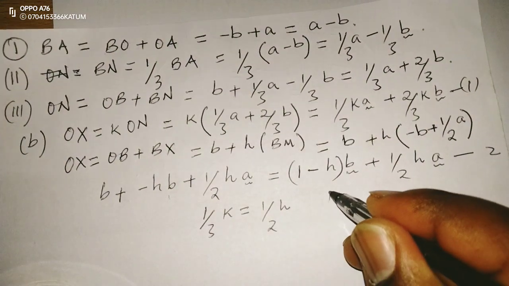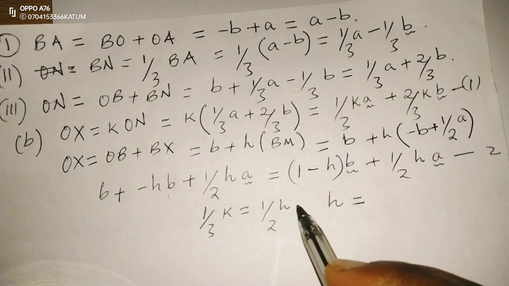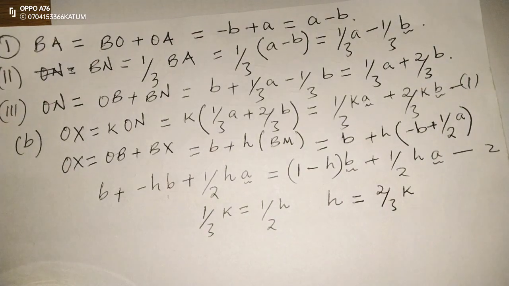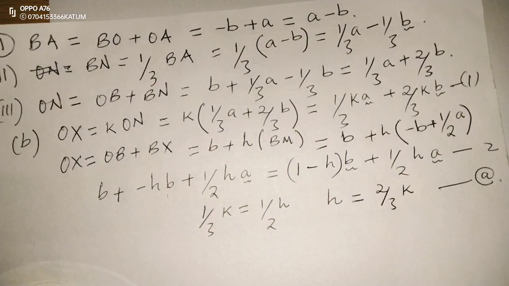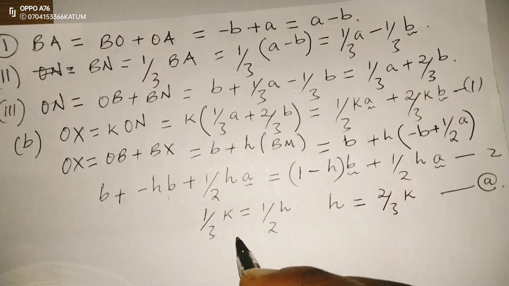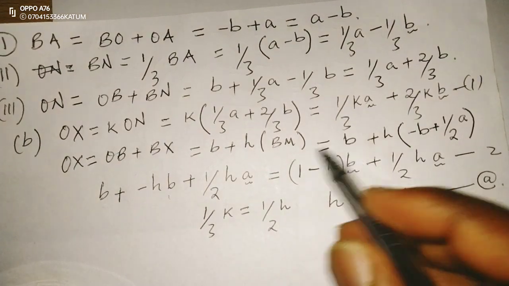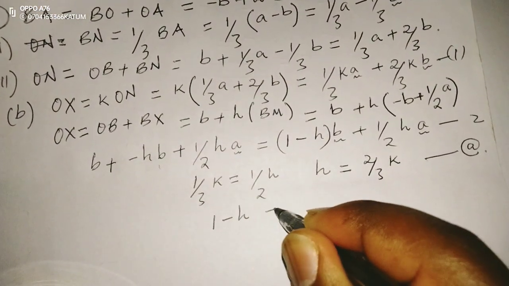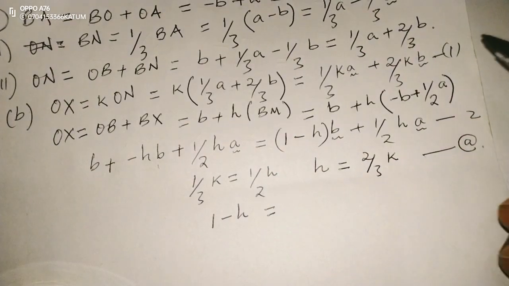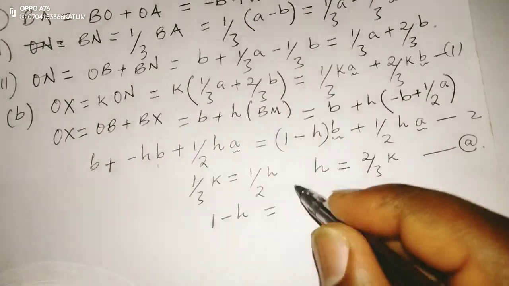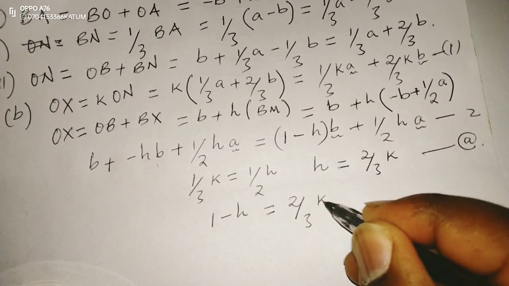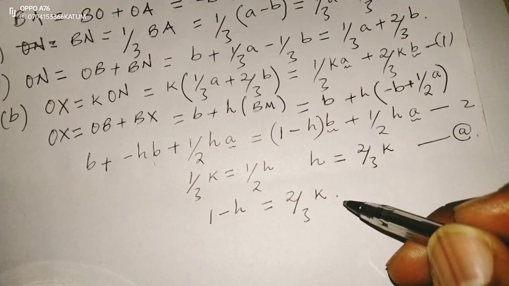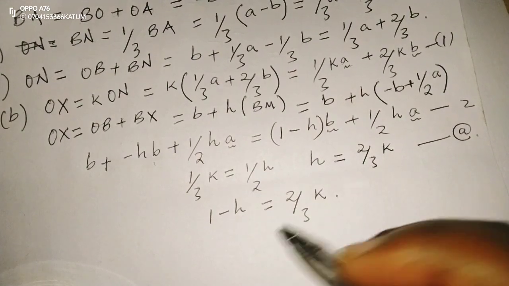So from here, we can express what H is. And H is going to be by 2 and by 2, 2/3 K. That is 1. You can call it A. Then now we equate again the coefficients of B. So in this case, B has a coefficient of 1 minus H. And in the first expression, B has a coefficient of 2/3 K. So now that we have a new expression, we can also express again H in this case.